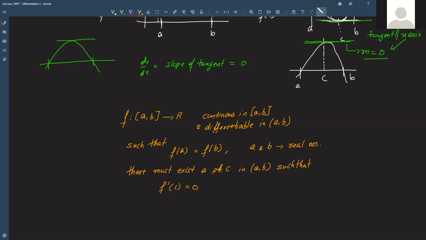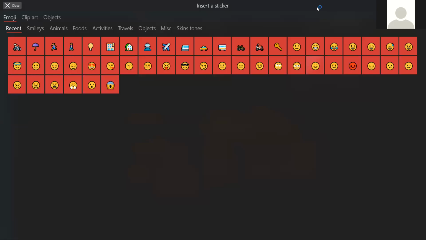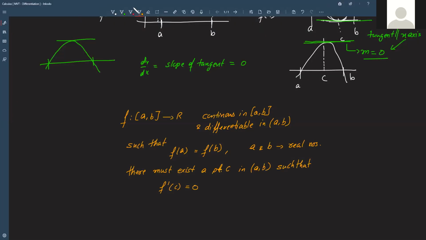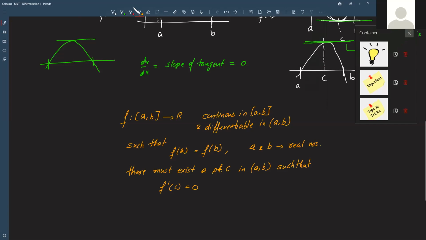So this is what Rolle's theorem means. That is what Rolle's theorem is all about.